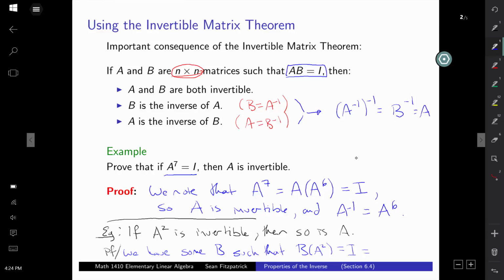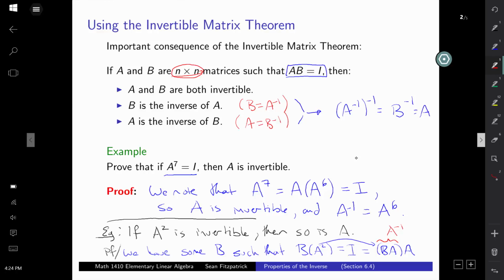But B times A squared, what's one way I can rewrite that? I could write that as B times A times A. And what do I have here? I have something multiplied by A giving me the identity. So what must that something be? That something must be the inverse. So these are the sorts of arguments you can make very quickly using the invertible matrix theorem.